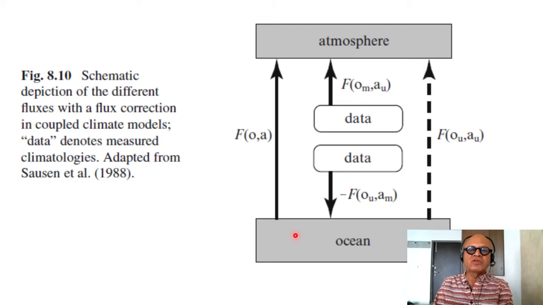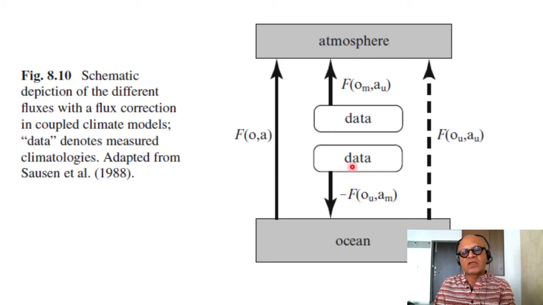For example, modeled ocean sea surface temperatures may not be very accurate, so in that case you take measured ocean temperatures and give the uncoupled atmosphere some data-based fluxes instead of the ocean, or you correct the model fluxes with the observed ocean state to give it a flux correction. That's what is called flux correction.